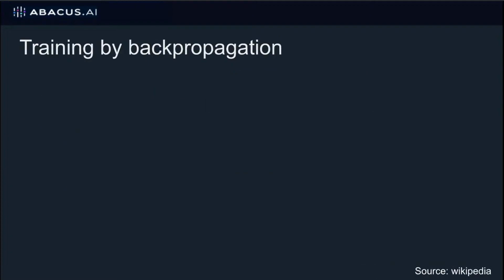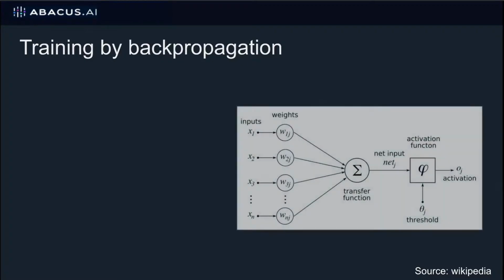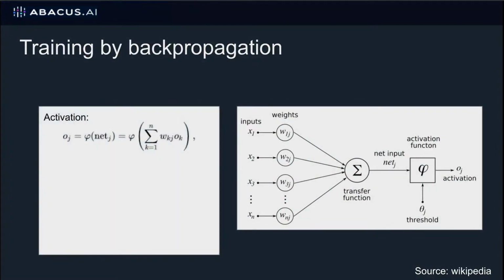To give a concrete example, let's take a look at this single neuron model with n inputs and an activation function of phi. Formally, we could write the activation of this neuron j as this.